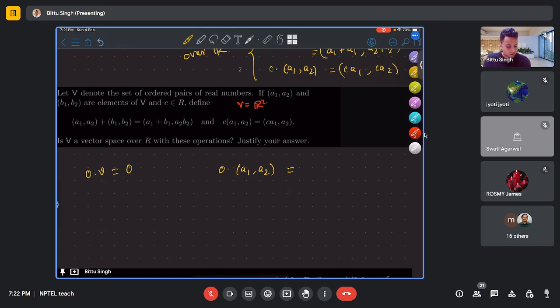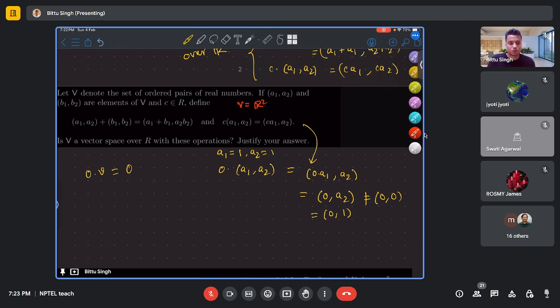So here you can see that 0 times a1, a2, by this definition, will be 0 dot a1, comma a2, which is same as 0 comma a2. But 0 comma a2 is non-zero. It is not same as 0 comma 0. We can choose a2 to be non-zero. For example, choose a1 equal to 1 and a2 equal to 1 also. Then 0 comma a2 is 0 comma 1, which is not same as 0 comma 0.